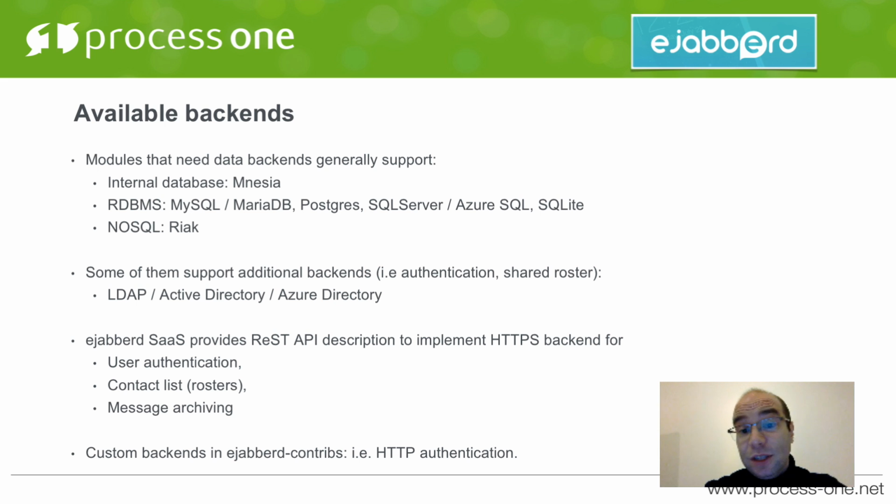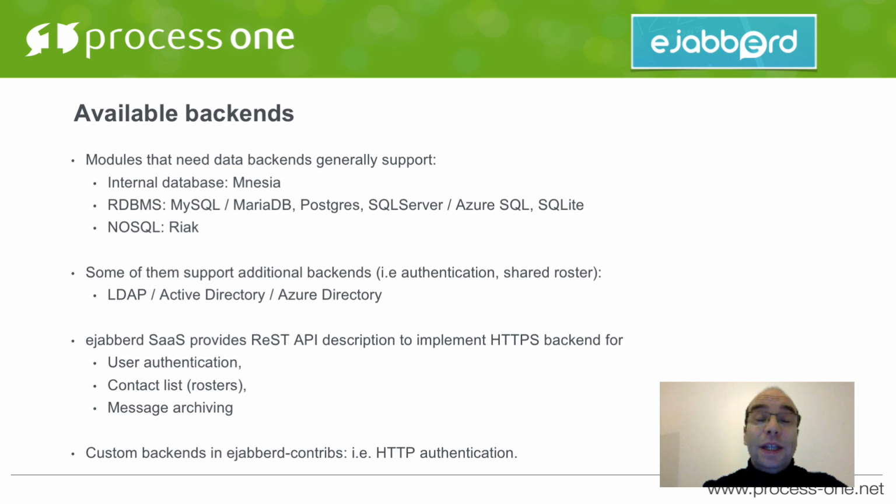So you can plug ejabberd in and let users authenticate to those backends. We try to do that also with modules like the shared roster module, to be able to have groups inserted in your roster that match your corporate directory, like the marketing department and so on. So this is the case where we have additional backends.